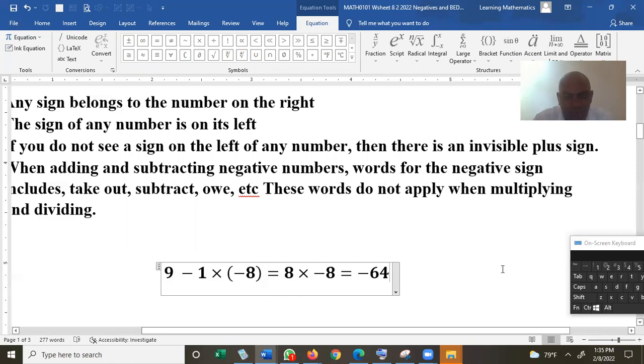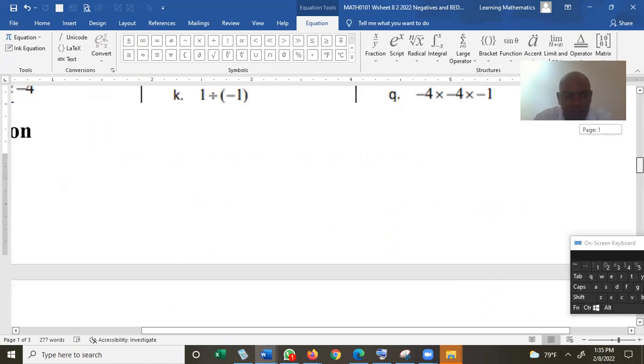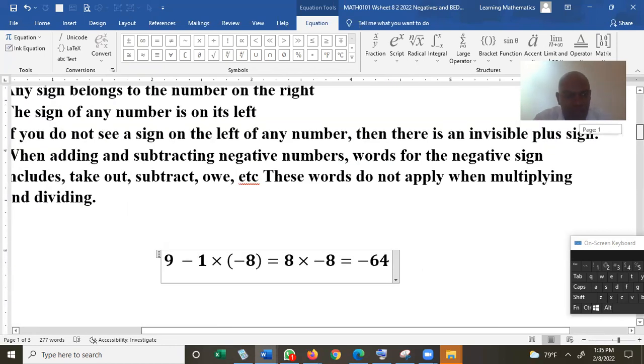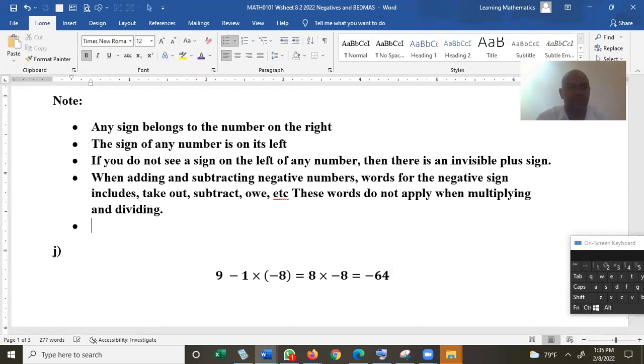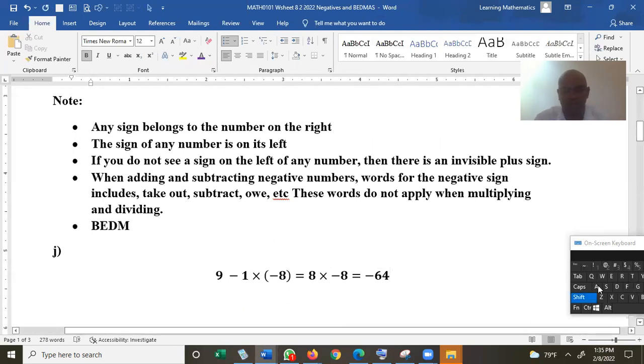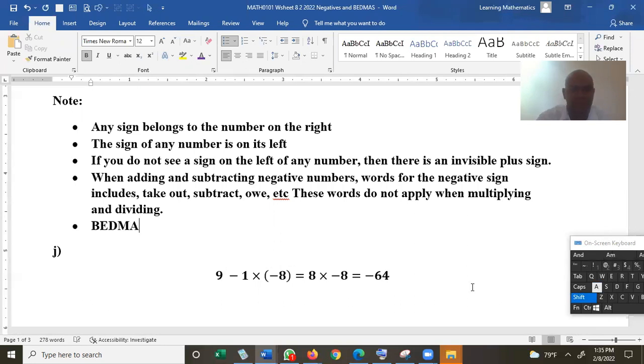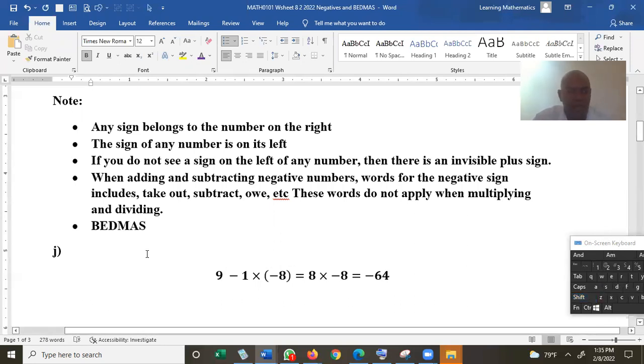Okay, what I did wrong is violating, well, let me just write it down. What I did wrong is violating BEDMAS. BEDMAS says you have to multiply before you add or subtract.